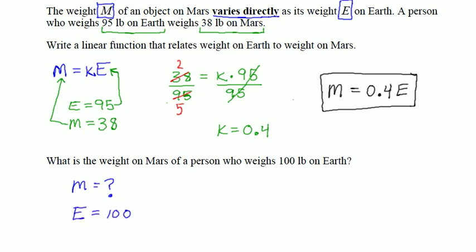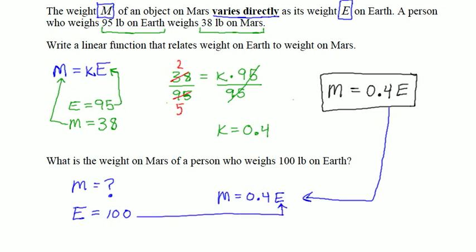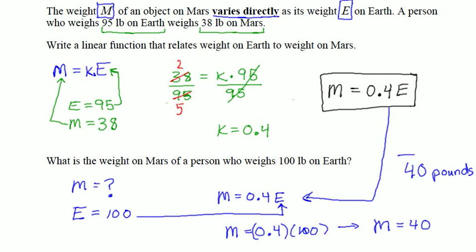So I'm going to bring down the equation I already found, M equals 0.4 E, and plug in that 100 for E to get M equals 0.4 times 100, which tells me that M is equal to 40. So a person who weighs 100 pounds on Earth weighs 40 pounds on Mars, and we should answer this with units. 40 pounds.